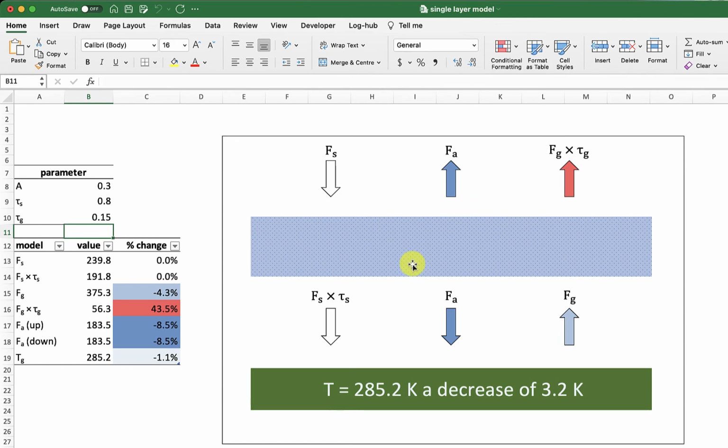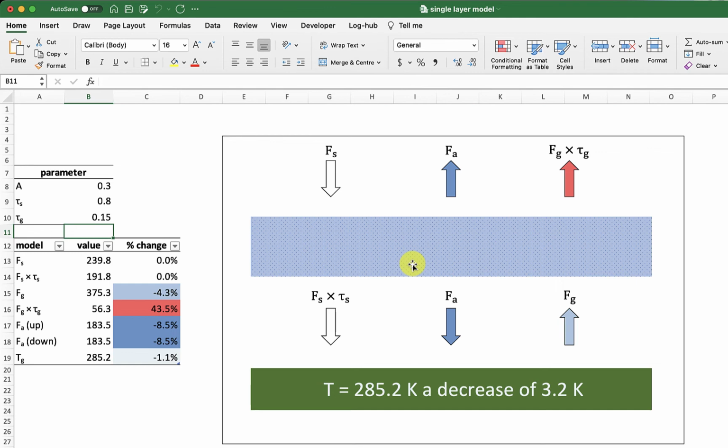I think the important thing to note when you're playing around with this single layer model is that the mathematical model that has been incorporated in this Excel spreadsheet is exactly the same as the model developed in the lecture. What this means is that you can use this model to investigate the effect of changes to the Earth system.